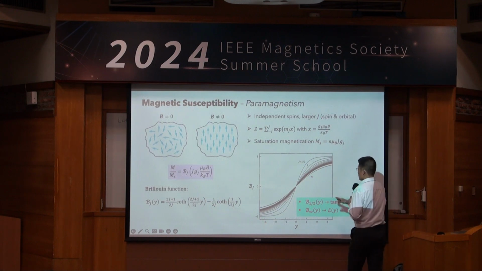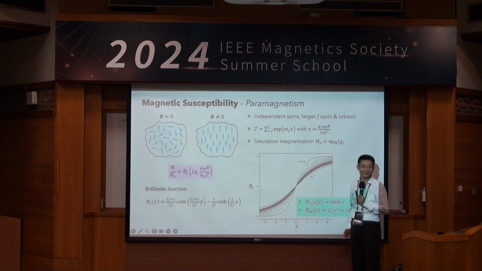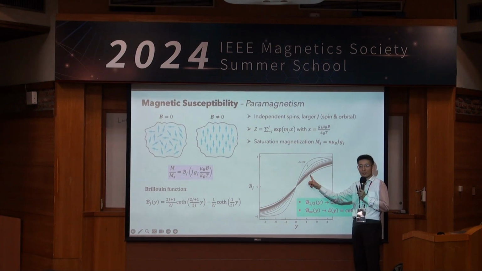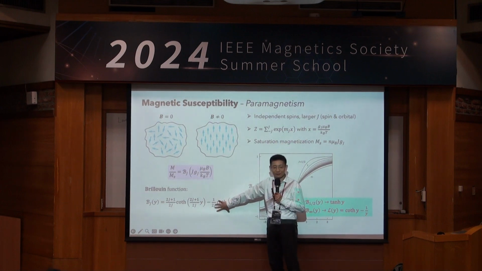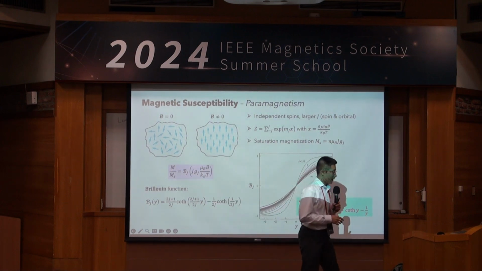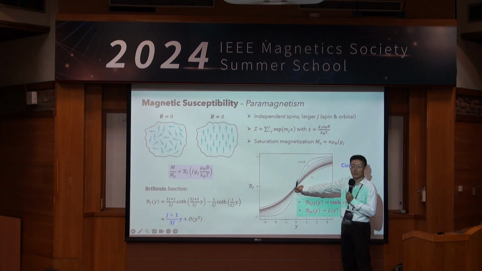So sometimes this is also called the classical limit, even though we know that classically there should be no magnetic phenomena. Once again, the quantum limit for spin 1/2 and the quasi-continuous limit are all included by a universal Brillouin function. And similar to the previous case, we could directly extract the slope around the zero field, the small field.